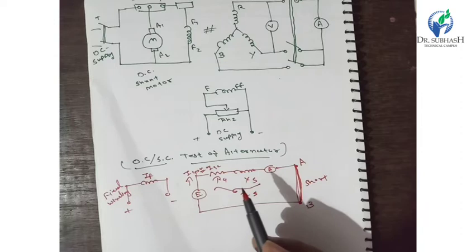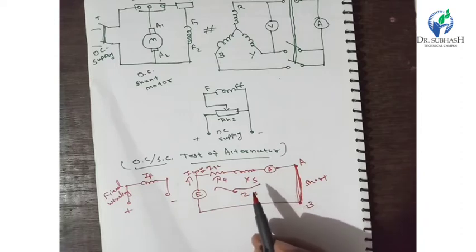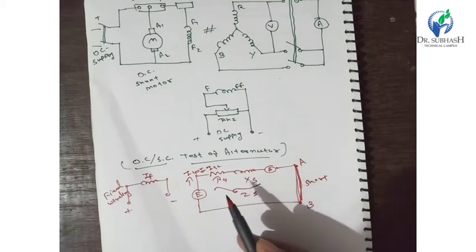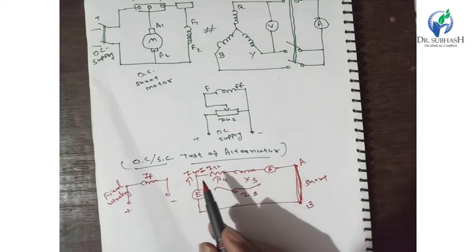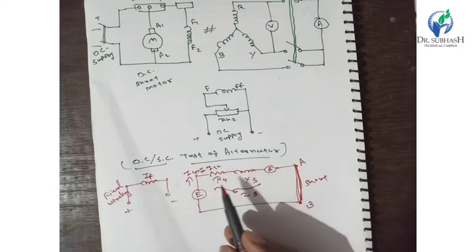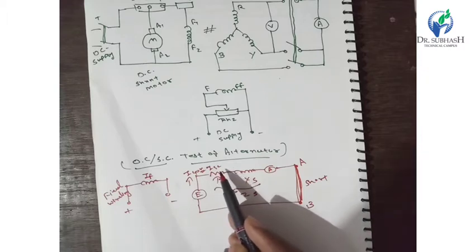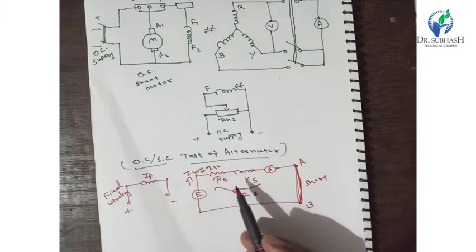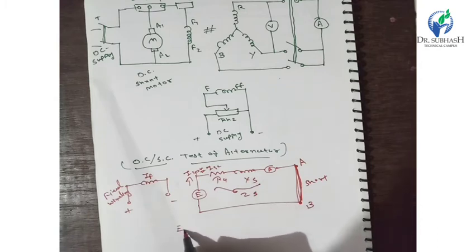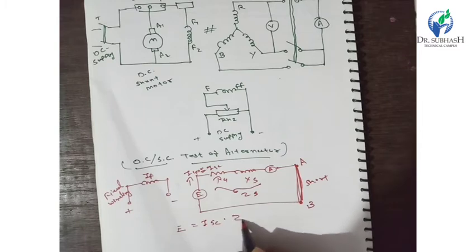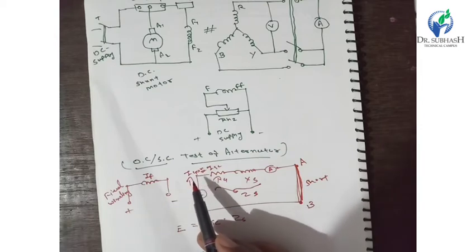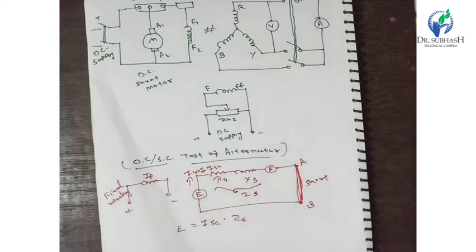Since the terminals of the alternator are shorted, the load impedance is 0. From the equivalent circuit, it is seen that the voltage responsible for circulating the current IA or ISC is the EMF. Thus, the EMF value E is equal to ISC times ZS, where ISC is the armature current and ZS is the impedance.